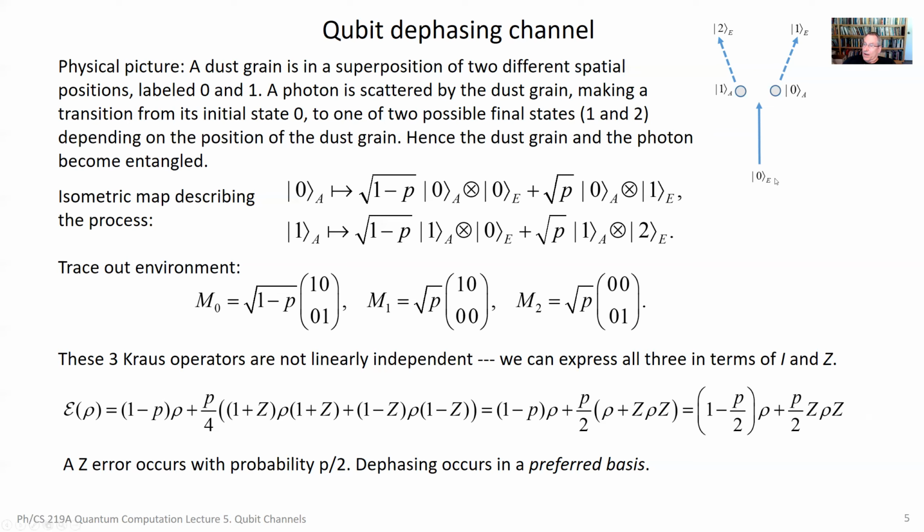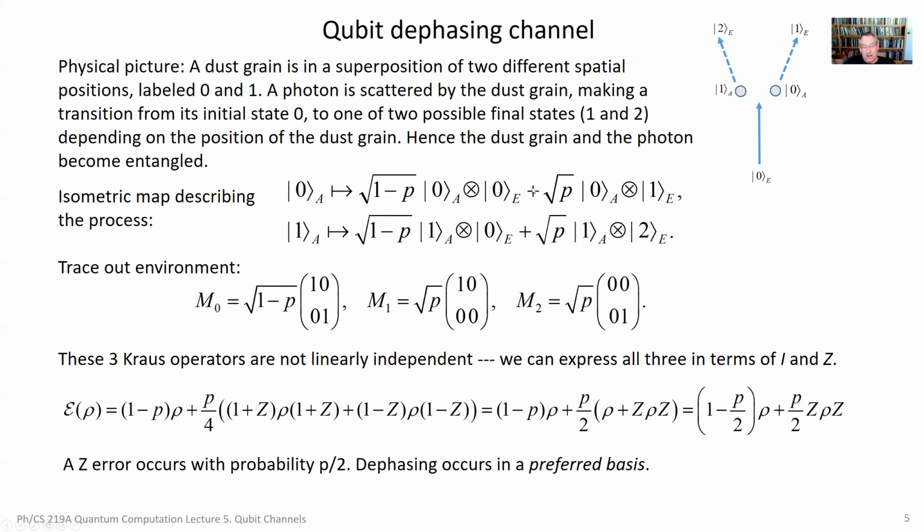So in the case where the dust grain is in the state 0, after encountering the photon, the state of the photon, I'm using E to suggest environment, A is our system, the dust grain, it's in some superposition of 0 for dust grain, 0 for photon, because there hasn't been any scattering and the state of the photon didn't change in that case, and 0 for dust grain and 1 for photon, okay?